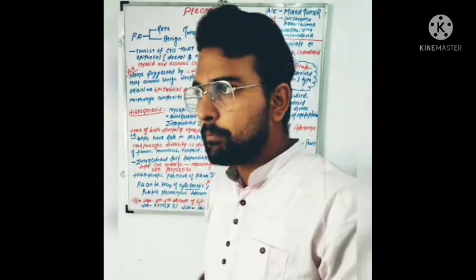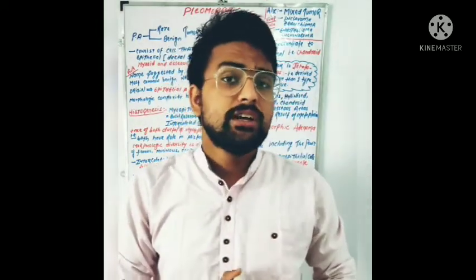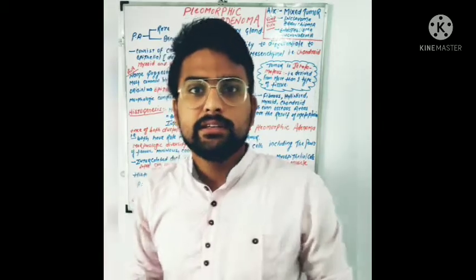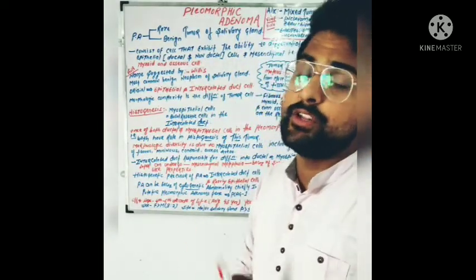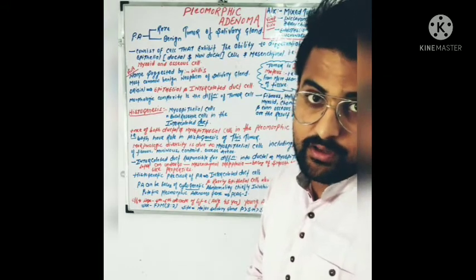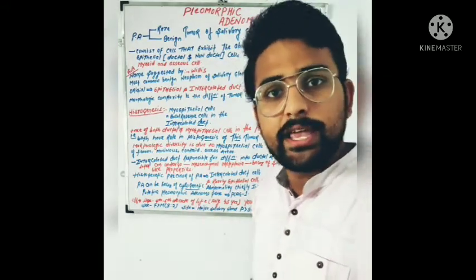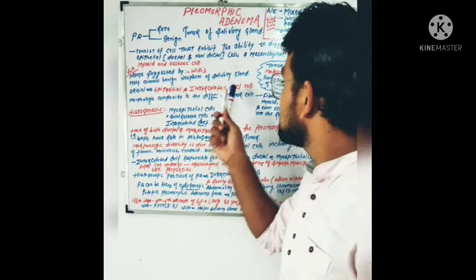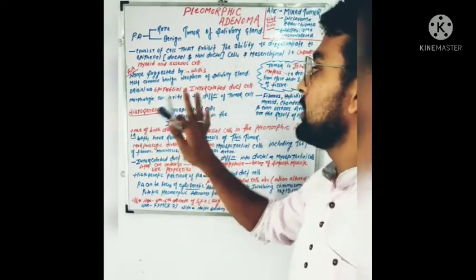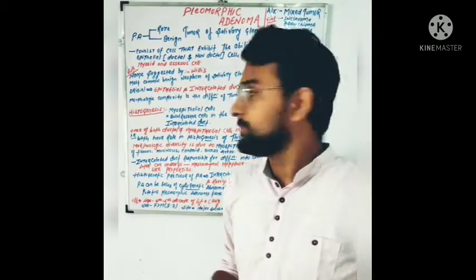According to these two theories, we have discussed that two cells are very common for the origin of any tumor of the salivary gland. So here also the epithelial cells and the intercalated duct cells are very common for the origin of this tumor.